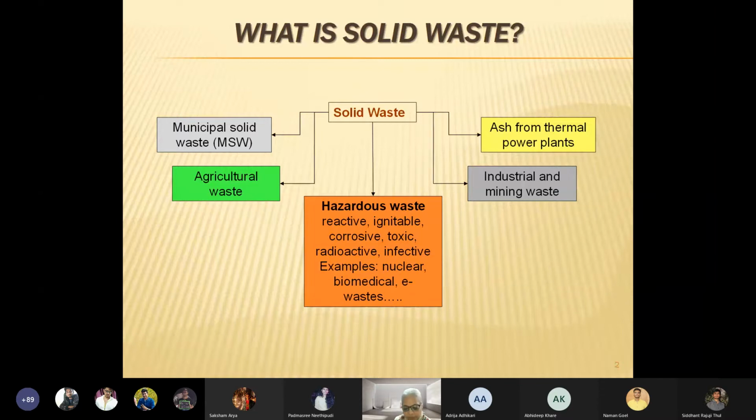For example, a petroleum product, a paint can, pesticides, they're all in containers. So they still become part of solid waste. Because when it is waste material, it is containerized, and therefore the entire thing is considered solid waste.